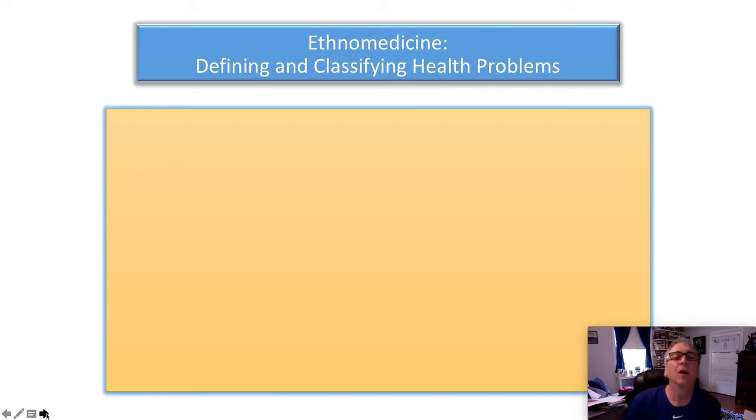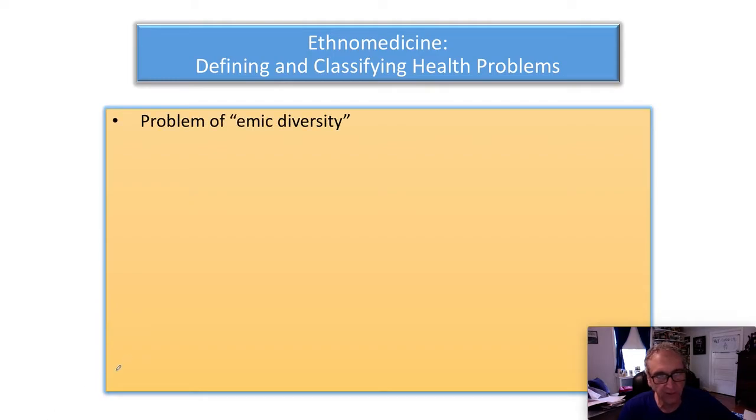All right. We're going to start with the issue of defining and classifying health problems. When we talk about defining and classifying health problems from the point of view of anthropology, one of the big problems is what Miller calls emic diversity.